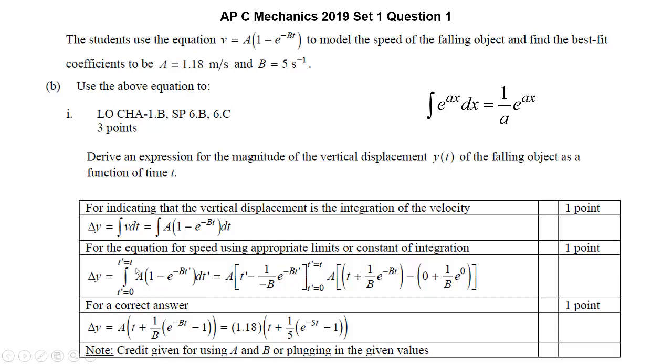And those limits of integration here, notice, are part of getting that point. So you do that, and eventually you get down to your answer. And note, they will give you credit if you leave it this way with a and b in, or leave it this way with the numbers. I would always suggest plugging in the numbers since they gave them to you in the setup, but hey, that's how their rubric reads.